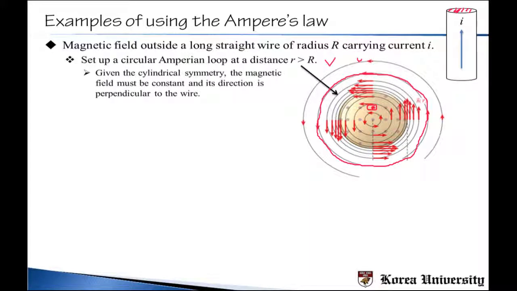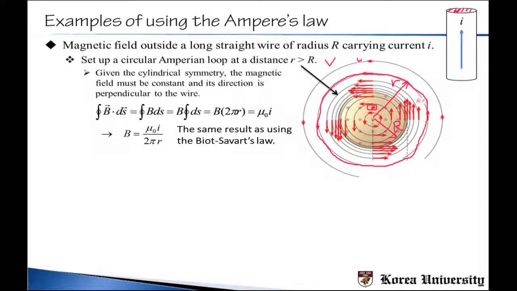Here, let's set the radius of this Amperian loop as a symbol small r, and it is larger than the large R, which is the radius of this wire.